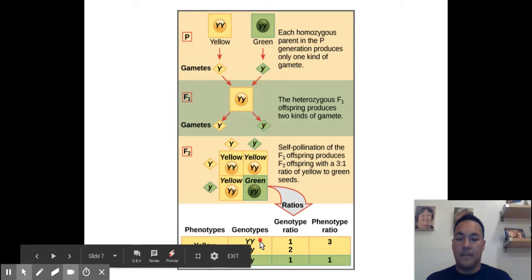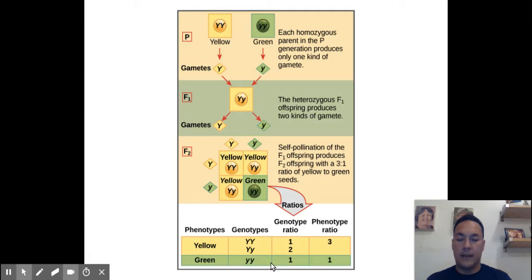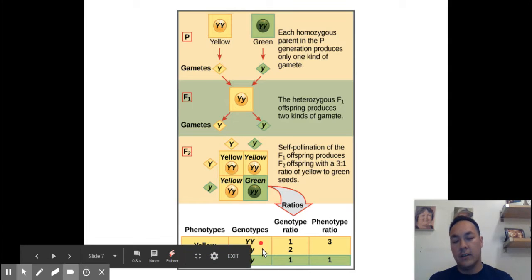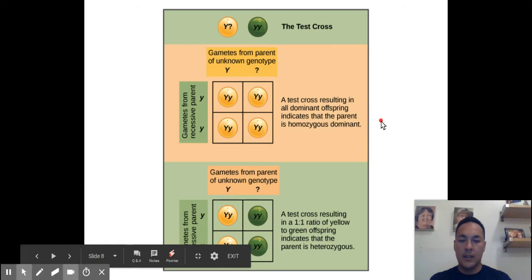But 1 for big Y, 2 for big Y little y, the heterozygous condition, and 1 for little y. Notice that the phenotypic ratio is different because the heterozygous looks like the homozygous dominant. So 3 to 1. All right, we could also make that percentages.